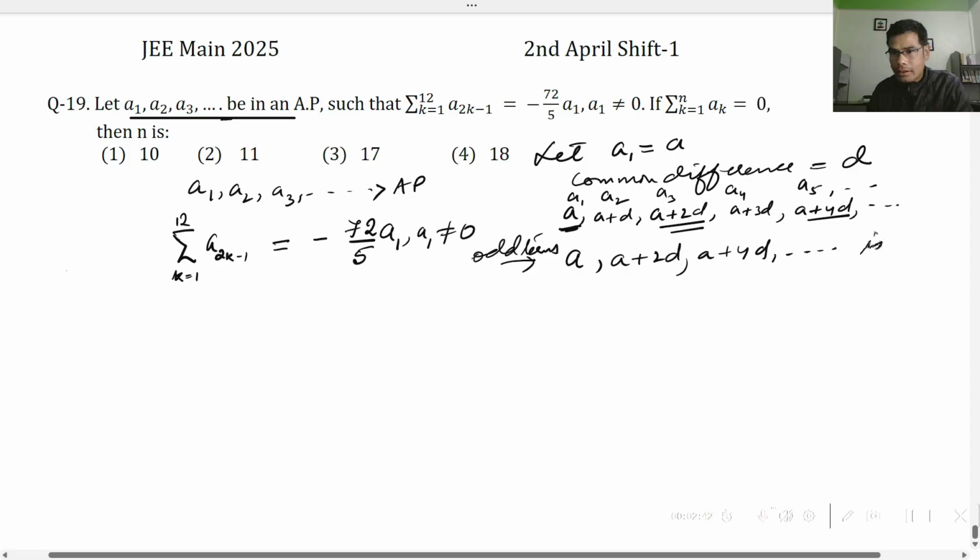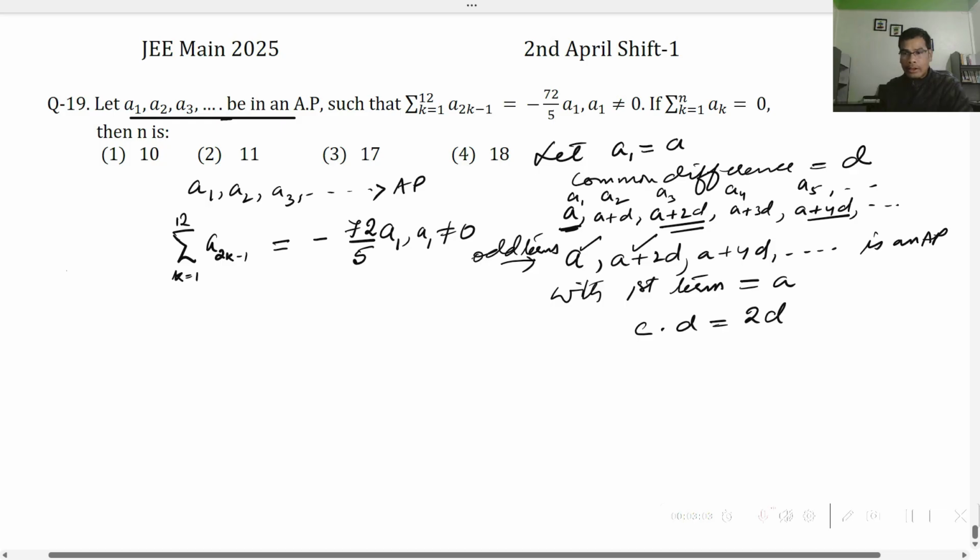So again, this is an AP with first term equal to A, and common difference now will be 2D, because any term subtracted by the preceding term, the difference is 2D.